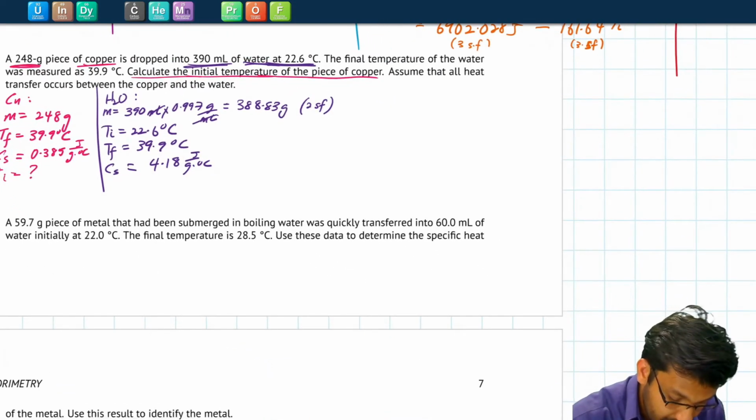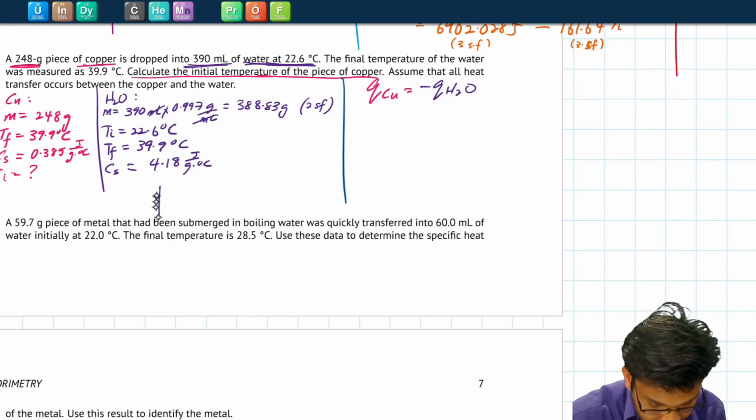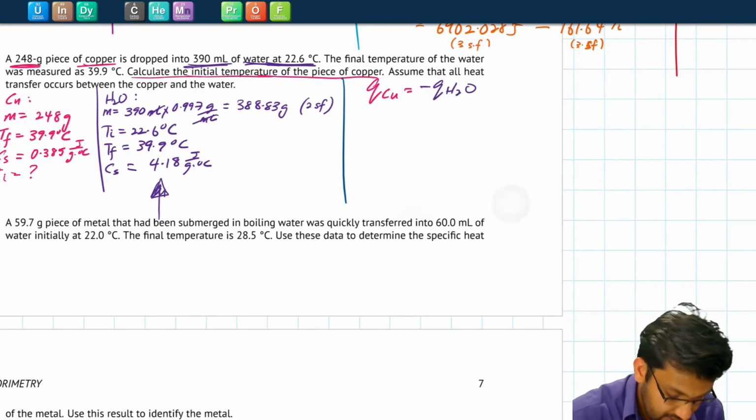Okay, now that we have all of that set up, we do know that the Q from the copper will be negative the Q from the water. And we have all of the information that we need to calculate the Q from water, so let's do that.